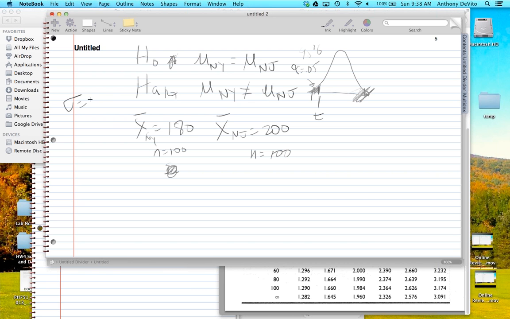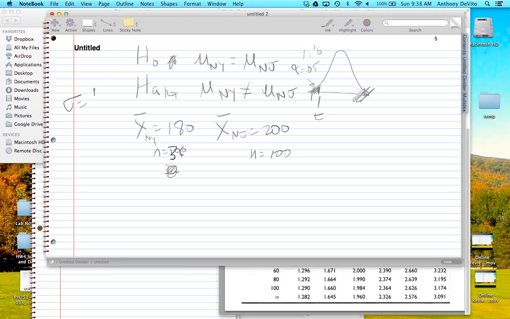Let's pick a good number here. Let's say 15. No, that's not going to be so good. I'm looking for a number that would work well here.